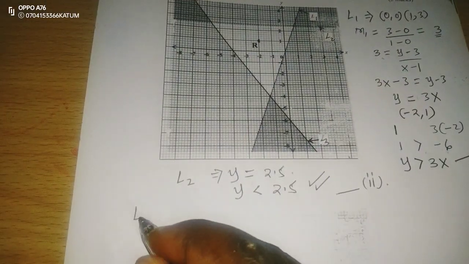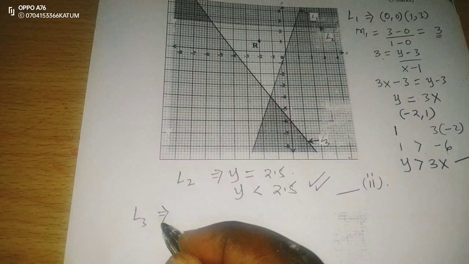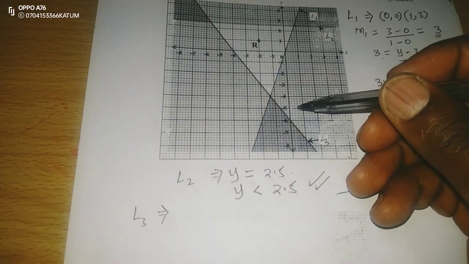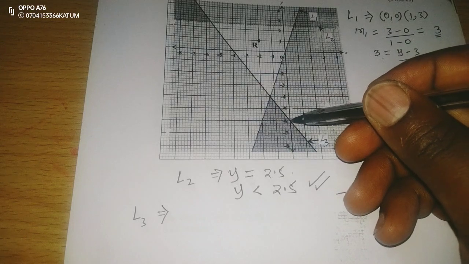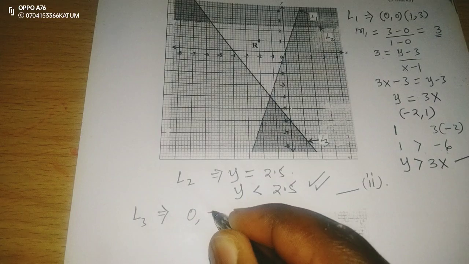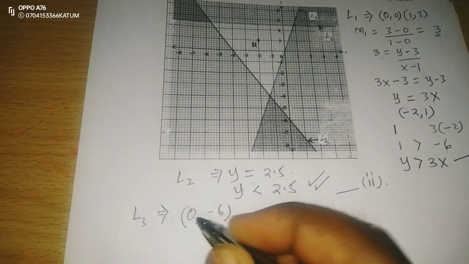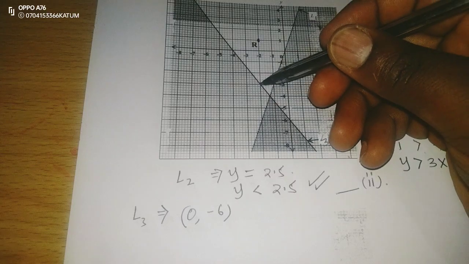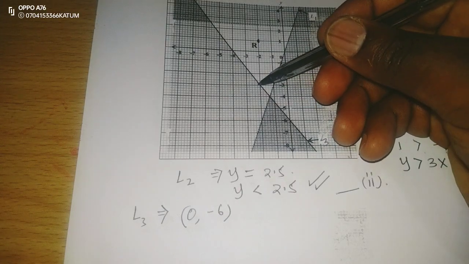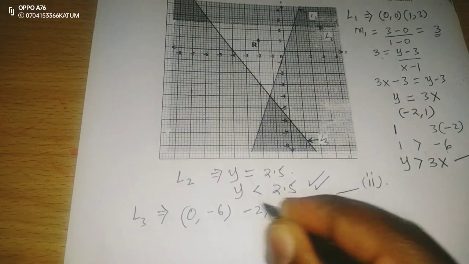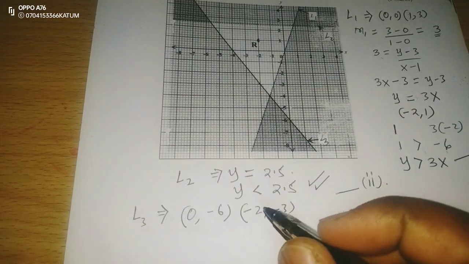So for L3, we can pick two coordinates lying on L3. To begin with, I can just choose a point like this one. This is (0, -6). Then we have more points along the same borderline. A point like this one, this is going to be (-2, -3).